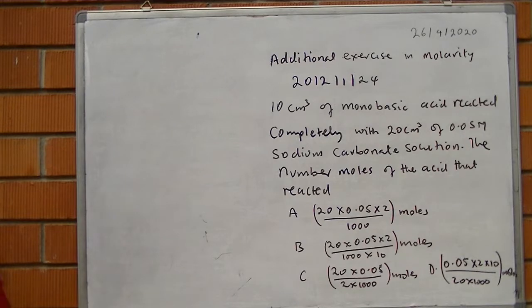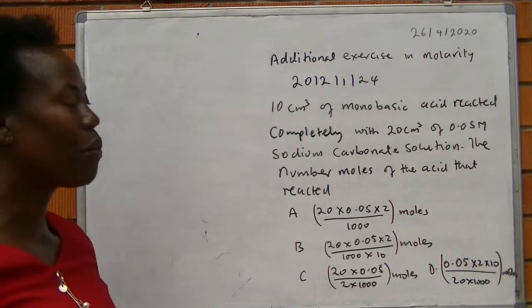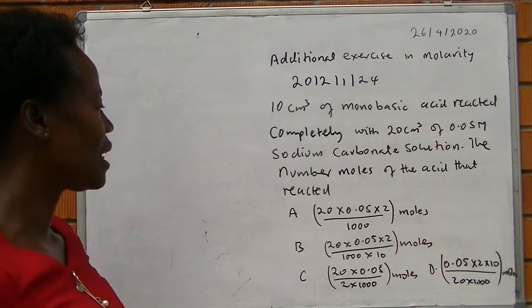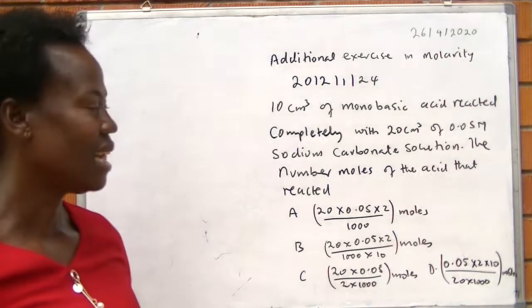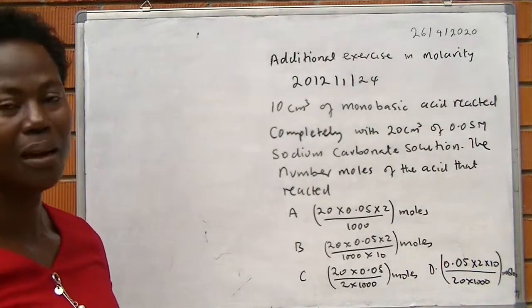For this case, we are given a monobasic acid. 10 cubic centimeters of a monobasic acid reacted completely with 20 cubic centimeters of 0.05 molar sodium carbonate solution. The number of moles of the acid that reacted are.